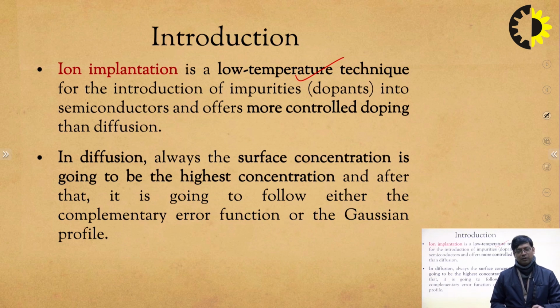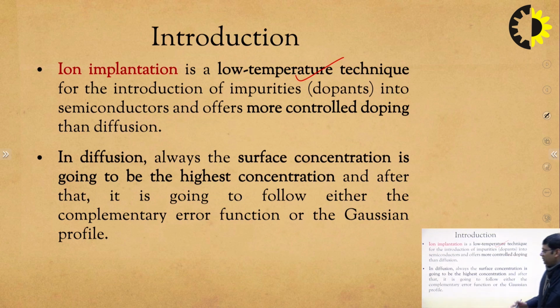Now, for this doping, broadly there are two types of processes which are known as diffusion and ion implantation. So, ion implantation process as compared to diffusion is more controlled, more precise, and it is a low temperature process, which is again a very important benefit of it.